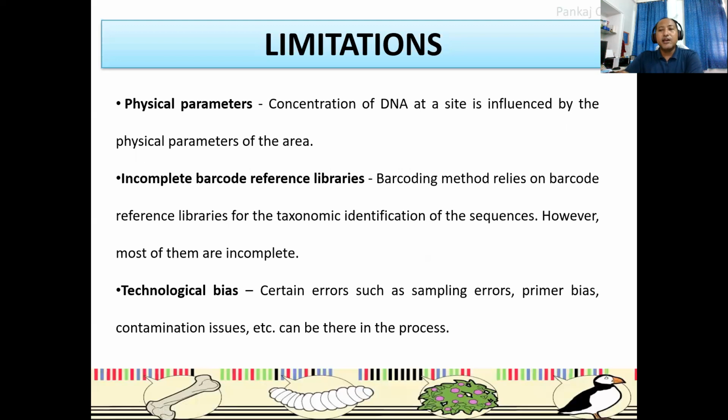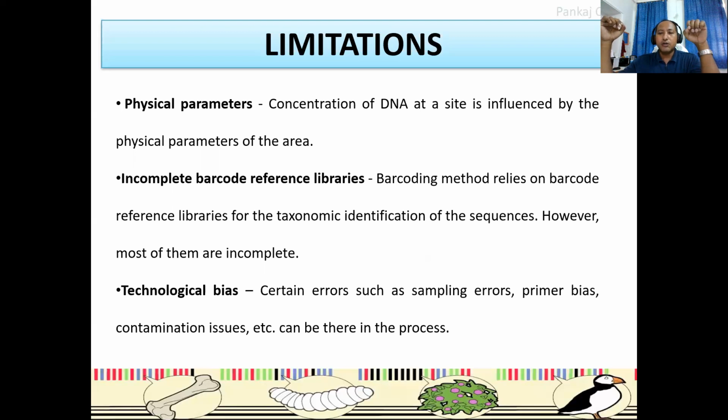Limitations. Obviously each and every technique has some limitations, and DNA barcoding is not an exception. One limitation is that the concentration of DNA at a site is influenced by the physical parameters of the area. Like one species is present at a particular location in a very shady place, and the same plant or organism is present in a very sunny area.